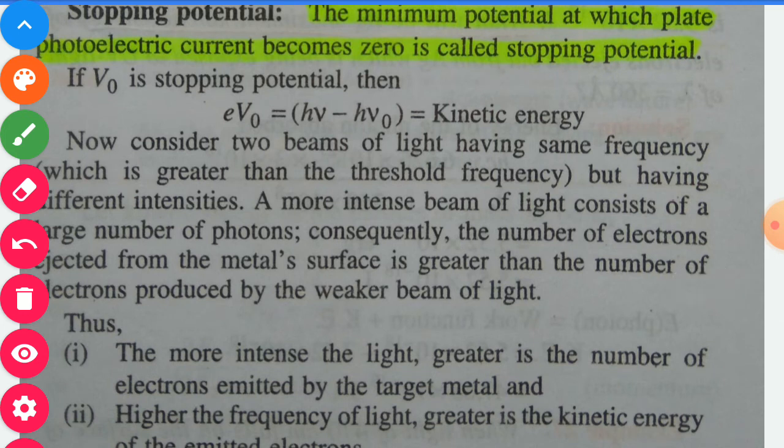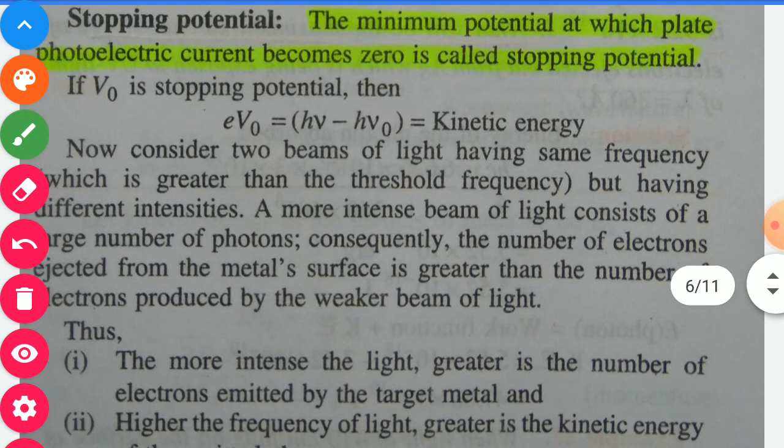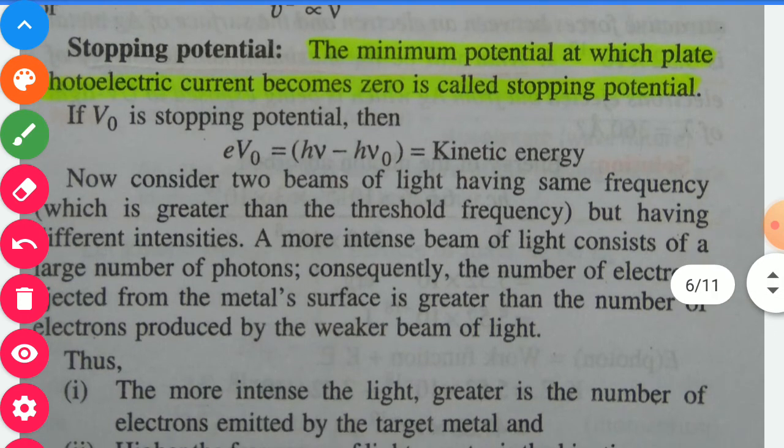Now consider two beams of light having the same frequency which is greater than the threshold frequency, but having different intensities. A more intense beam of light consists of a large number of photons. Consequently, the number of electrons ejected from the metal surface is greater than the number of electrons produced by the weaker beam of light.